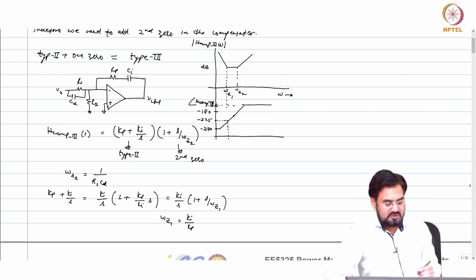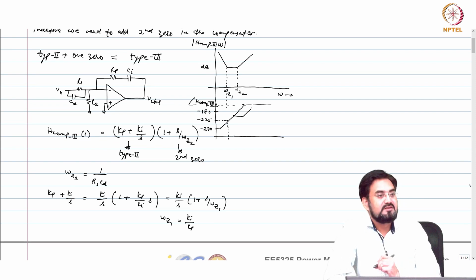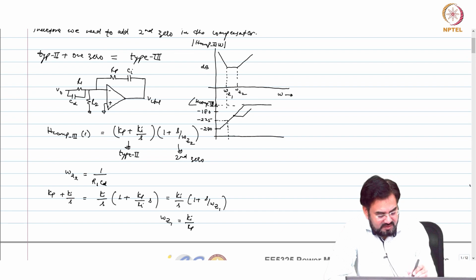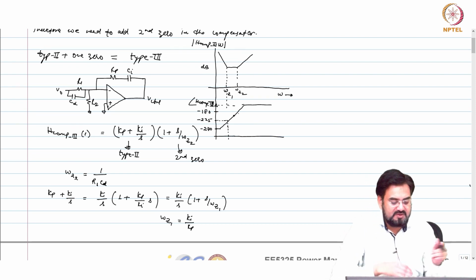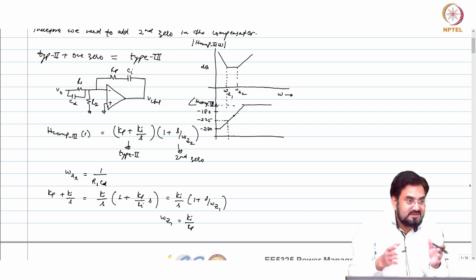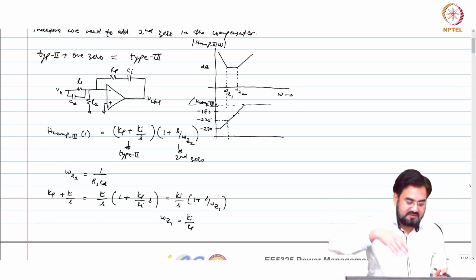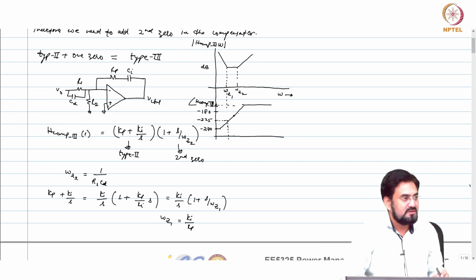So this shape could be anything. It may do this and then rise. It depends on where omega z1 and omega z2 are located. But usually, because we know omega z1 and omega z2 are not far away, at least there should be one decade of separation to make sure you get the phase saturated at minus 180.